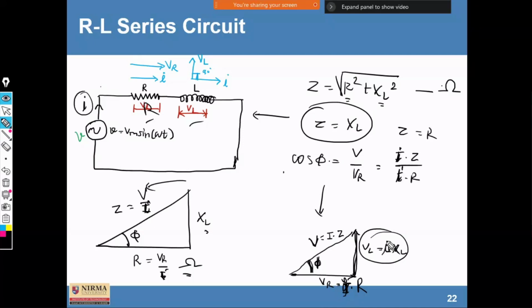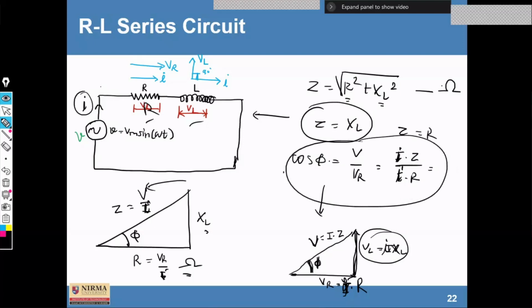Considered as small i here. So I will cancel. Am I right? Is it correct, this one? That's what I'm asking you, whether it is correct or not.